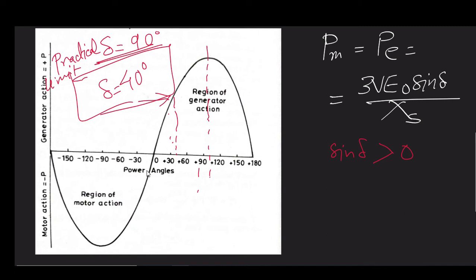But here, the important thing is why it is from 180 to minus 180 rather than 0 to 360 degree.